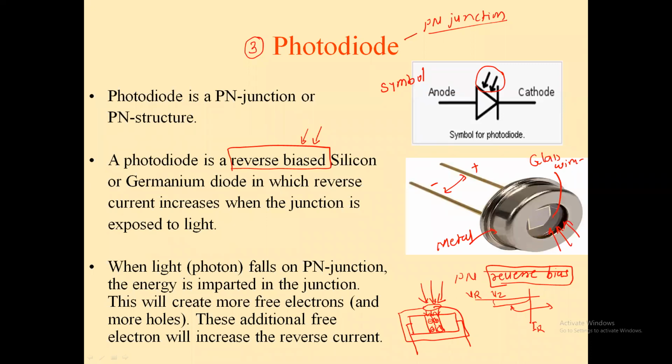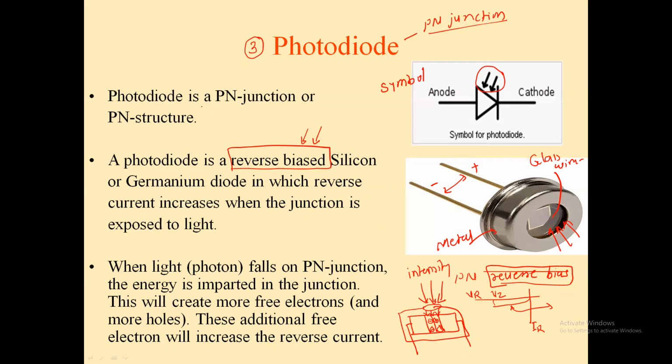But the generation of charge carriers depends on the intensity of light. As the intensity of light is more, more energy is absorbed, more free electrons and holes are generated, and more current can flow through the photodiode. So this is the basic principle behind the photodiode. Now you can try to read it.